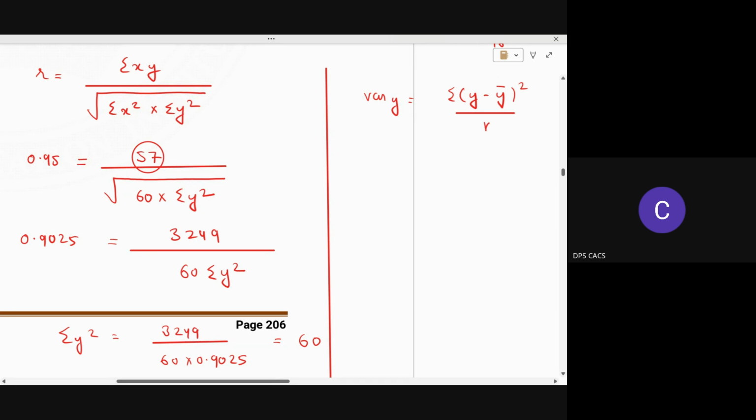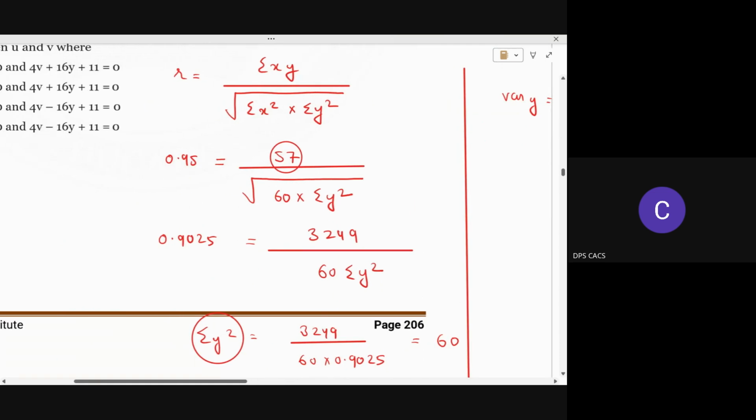Can I use this? Or formula 2, I should use this. Yes, answer is 2. Very good. I can use this formula, but you say, sir, I have summation y square. No, you don't have summation y square.